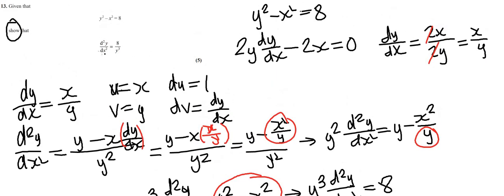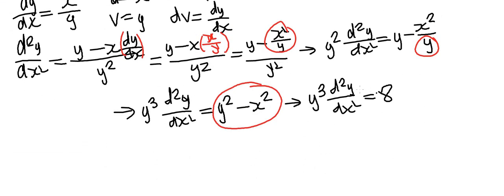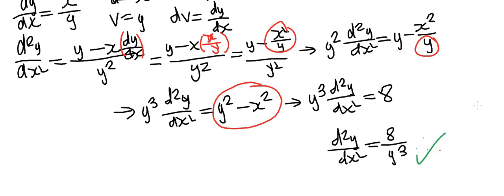We want the second derivative is equal to 8 over y cubed. Okay, well, then if we simply type this up, the second derivative is equal to 8 divided by y cubed. And that is our final answer.